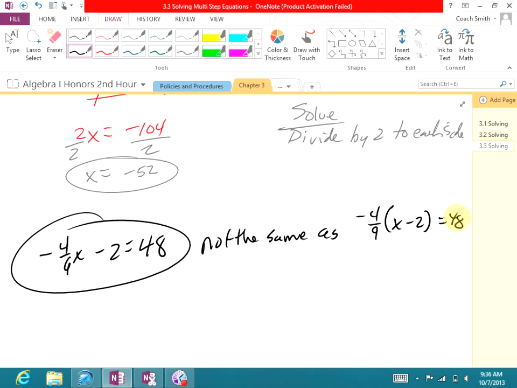Okay? So please understand that I didn't say that you can take and multiply by the reciprocal because of this right here. The only reason I can multiply both sides by the reciprocal is because that fraction was outside the parentheses. So instead of distributing it to everything inside the parentheses, I multiplied both sides of the equation by the reciprocal.